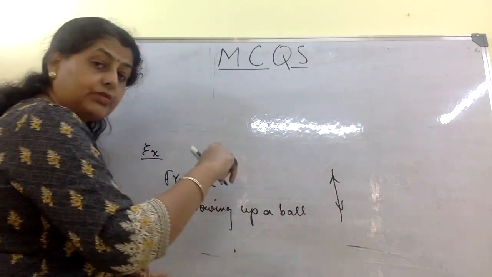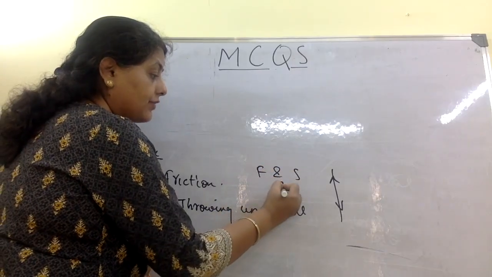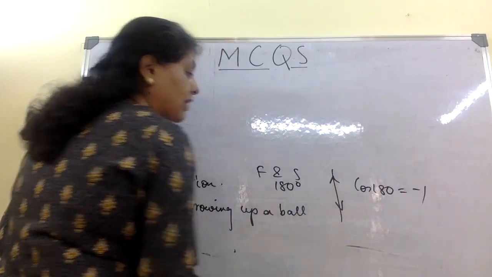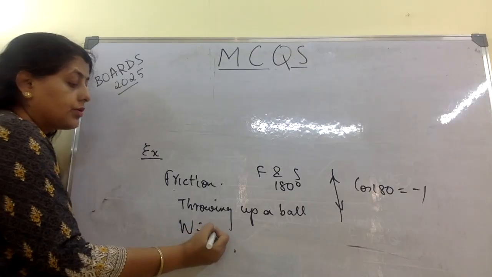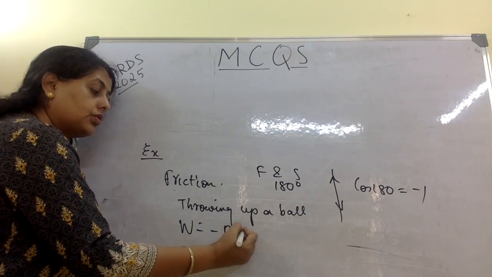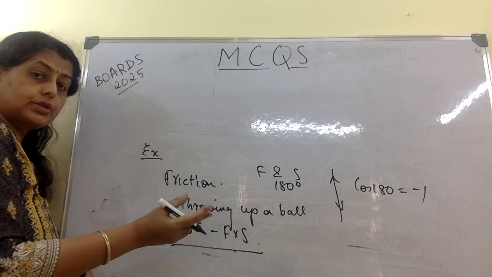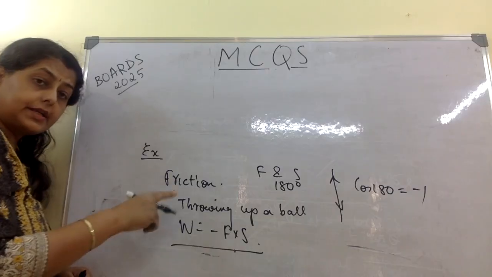Then the angle between F and S is 180 degrees, and cos 180 degrees is -1. So even that way, work is equal to minus F into S. This is the reason cos 180 is -1. So these are two examples of negative work.